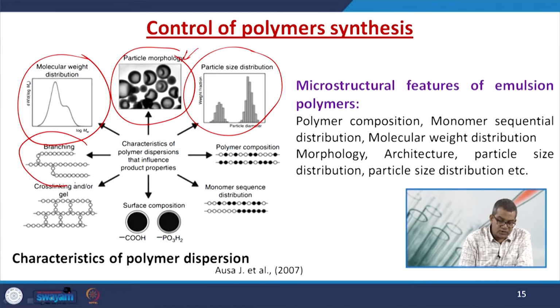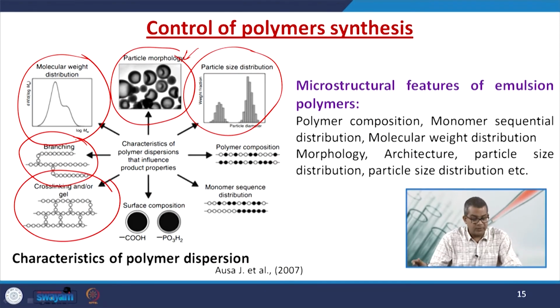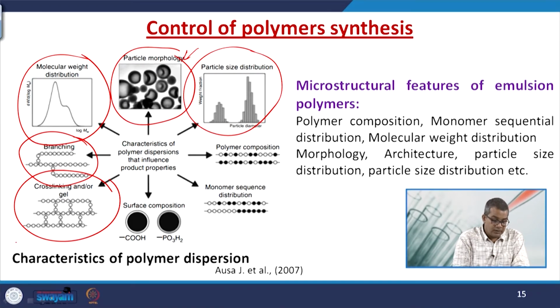And if you have a larger size, then definitely it may create a problem in future use. Similarly, you are always looking at branching, maybe cross linked or linear or branched chains, like polystyrene divinyl benzene, I gave you the example. They are cross linked polymers. So divinyl benzene acts as a cross linking agent for those polymer beads.